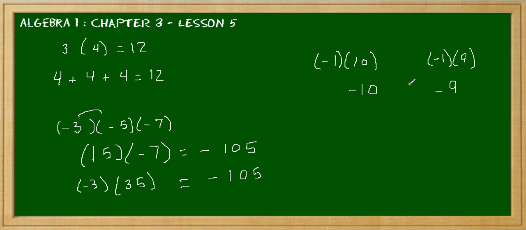Reading it across, negative 10 is less than negative 9, because from the number line perspective, negative 10 is to the left of negative 9.